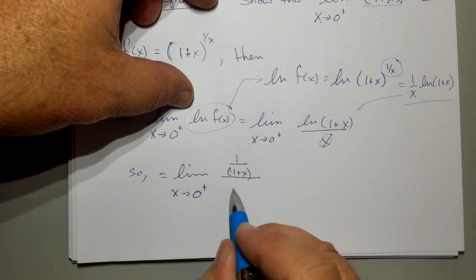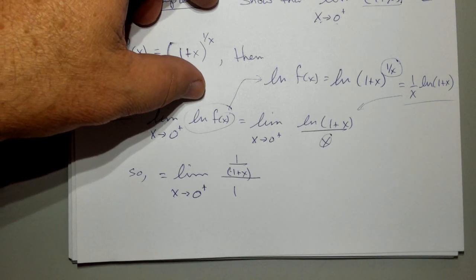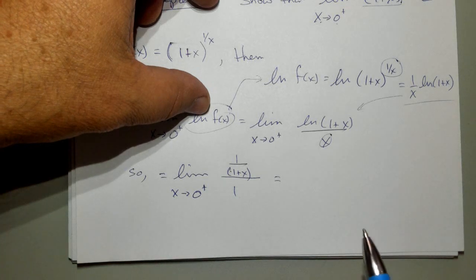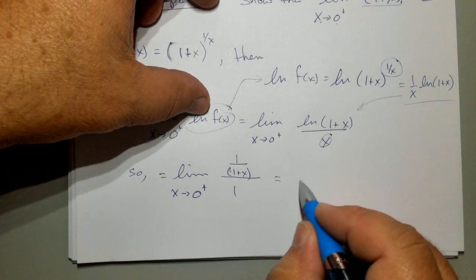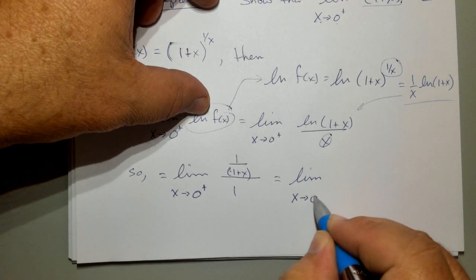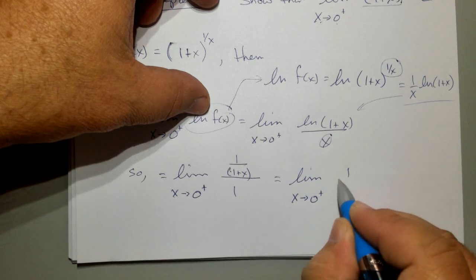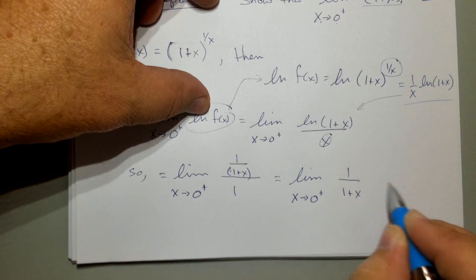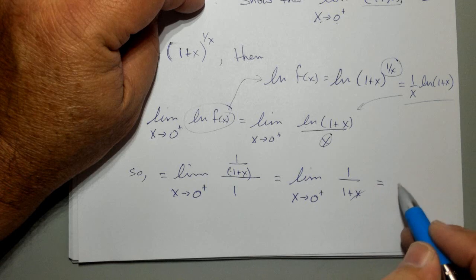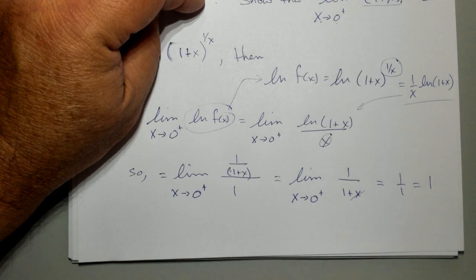The derivative of x is 1. We have the limit as x approaches 0 from the right of 1 over 1 plus x. When x goes to 0, we get 1 over 1, which is 1.